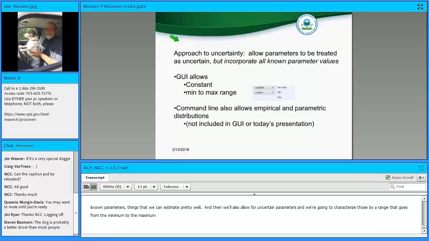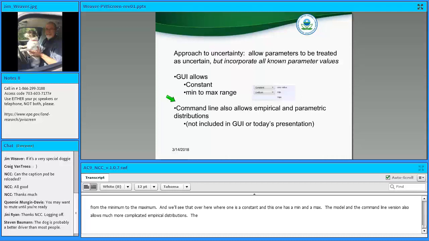And we'll see that, or that's actually indicated over here, where this one is said to be constant, and then this one is uniform between a min and a max. Okay. The model in the command line version also allows much more complicated empirical and parametric distributions, the parametric distributions being like a normal distribution.